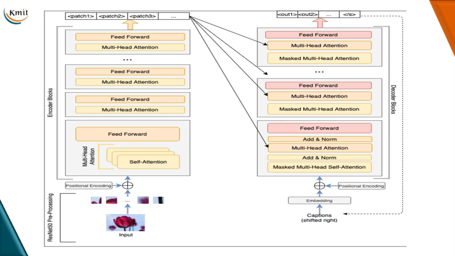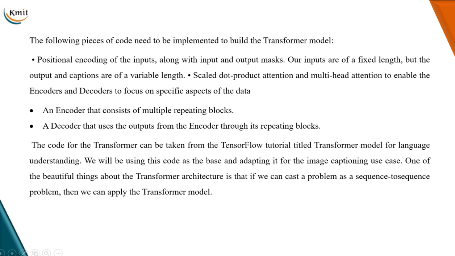The remaining steps would be the same, using multi-head attention, feed forward networks, encoder blocks and decoder blocks, except that you're using an image as input, and for pre-processing we use the ResNet 50 model. The following pieces of information are needed for you to build the transformer model for image captioning.